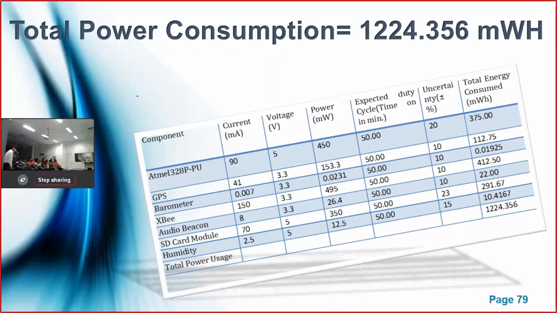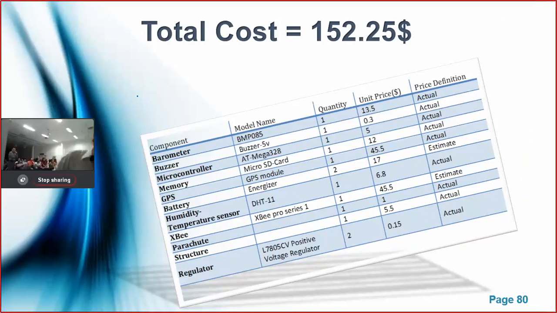So we use Arduino because the usage of power is so low, and there is a mode called sleep mode. After a specific time, it shuts down. We have the total cost of the CANSAT, which is about $152.